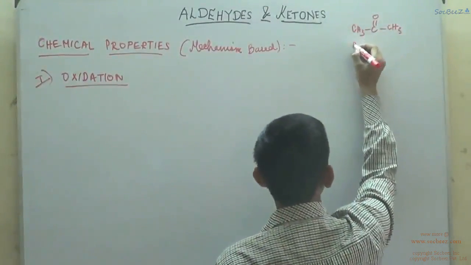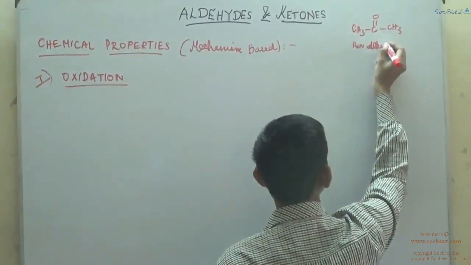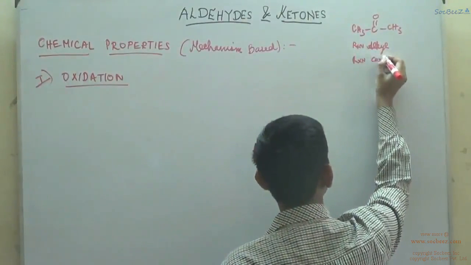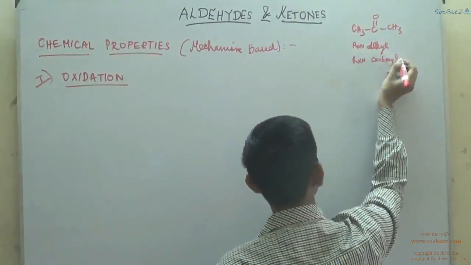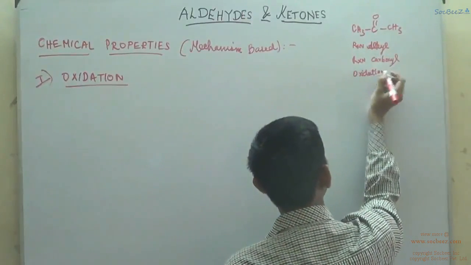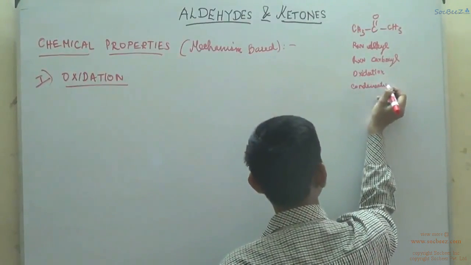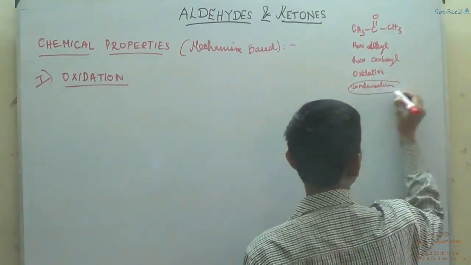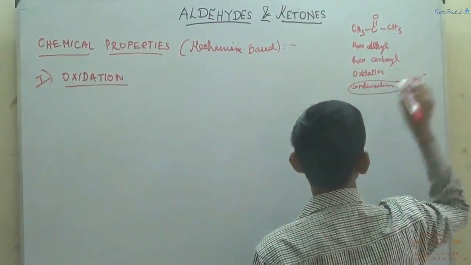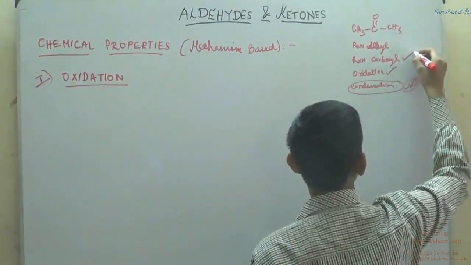Okay, there can be reaction due to these alkyl groups, reaction due to this carbonyl part or net oxidation of the compound, or condensation reaction. I will not deal with condensation reaction here. We will deal with it in esters and other chapters. I will briefly talk about oxidation, reaction of the carbonyl group.